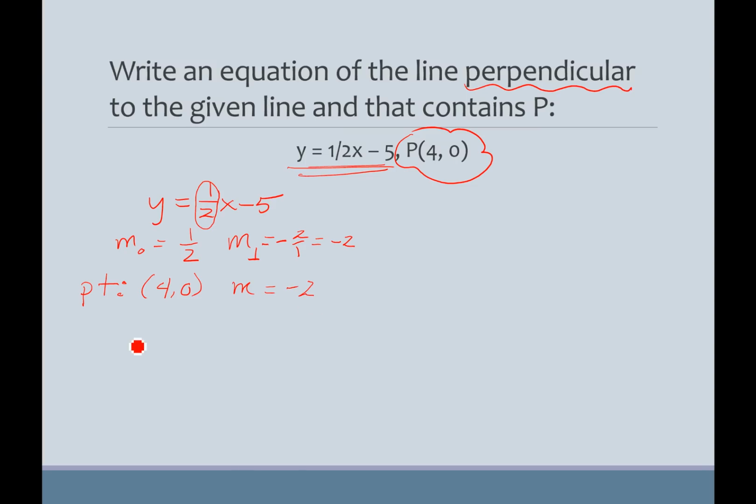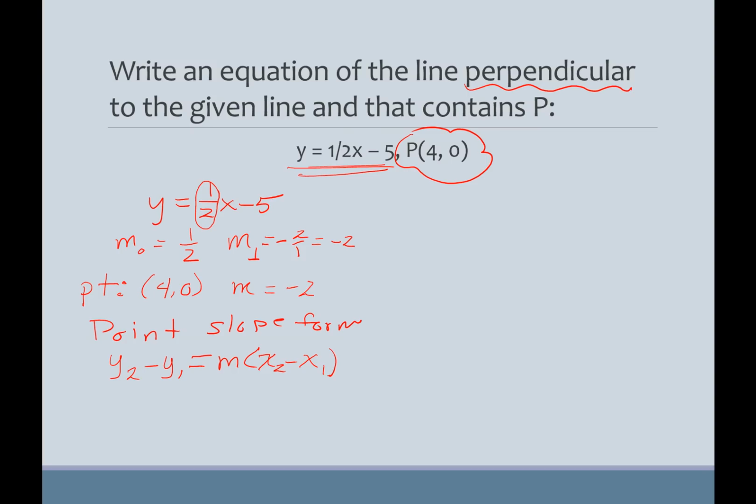I've got a point and a slope, so I'm going to use point slope form: y2 minus y1 equals m times x2 minus x1. And I'm going to plug those things in.